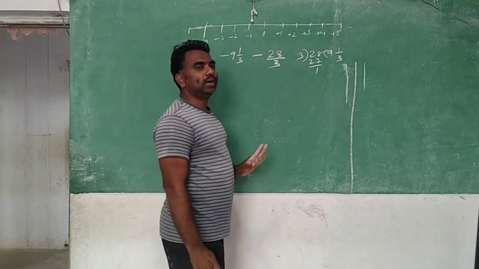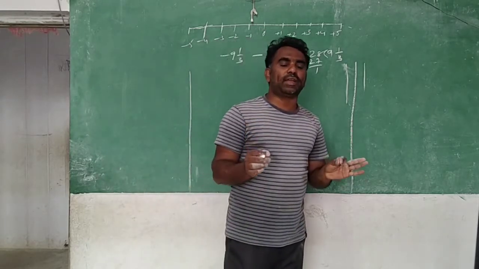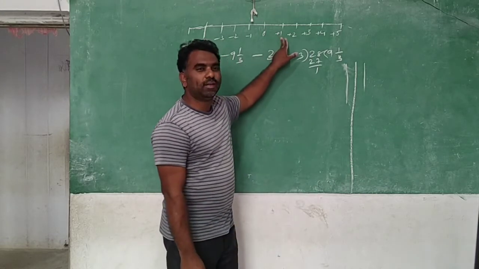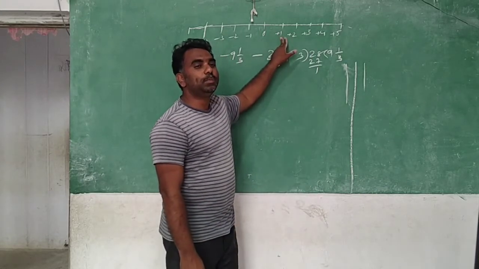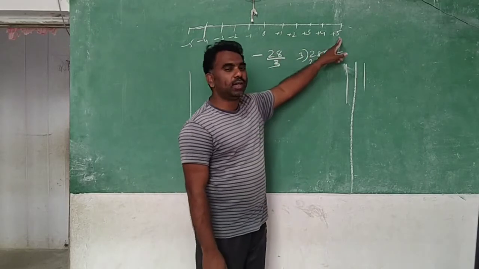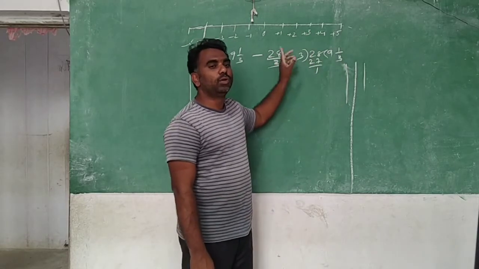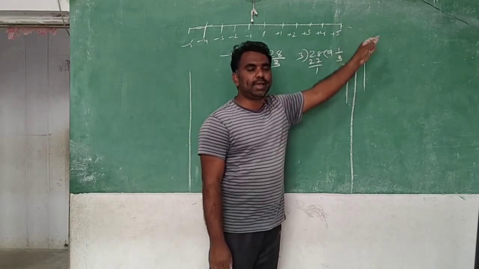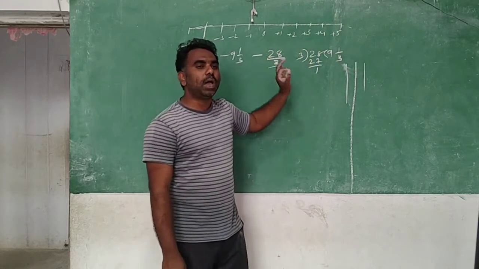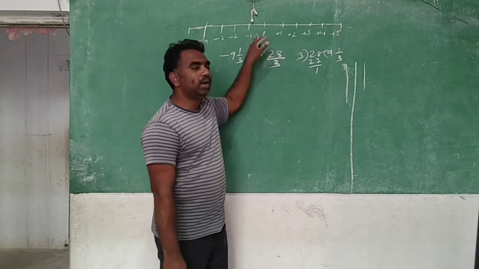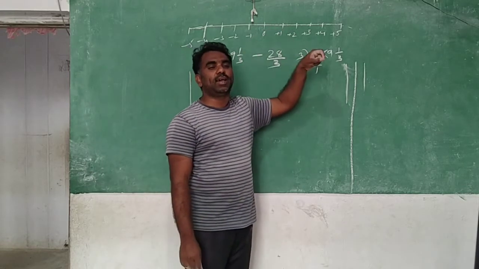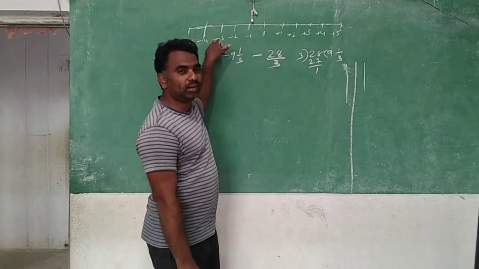So clearly I think you understand. All the positive proper fractions are in between 0 and 1. Positive improper fractions are more than 1. How do you say where? We will convert it to a mixed fraction, then you can say where it is exactly. Negative proper fractions are in between 0 and minus 1. And negative improper fractions are before minus 1.